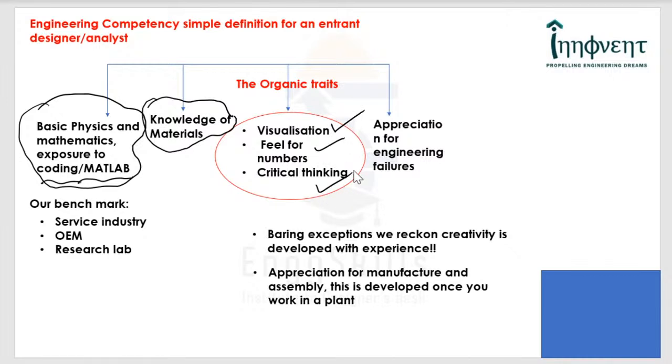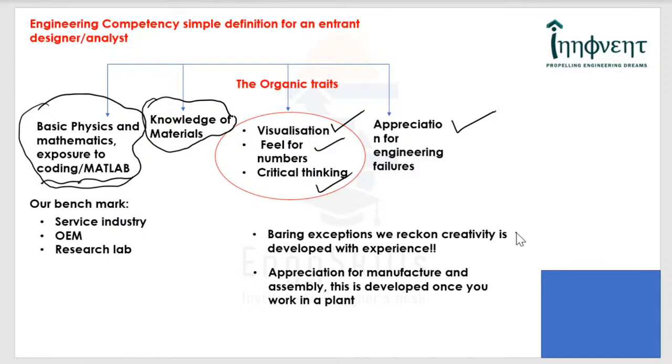We'd look at various types of visualization, because when I say visualization, it need not be just a spatial or drawing reading. It can be abstract, it can be mechanical, figuring out how a mechanism works or how a flow behaves. And finally, appreciation for engineering failures. That's very, very important.